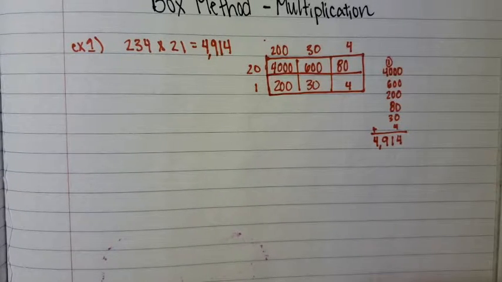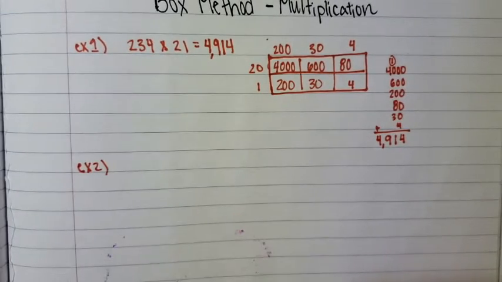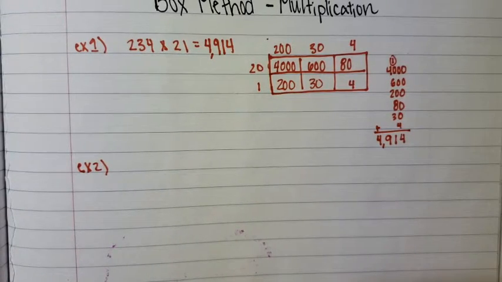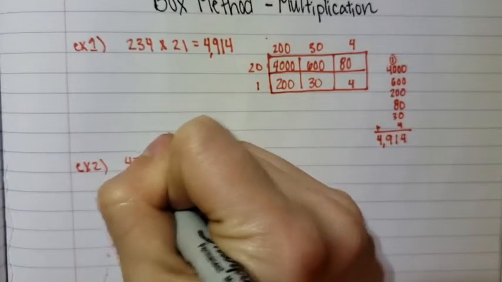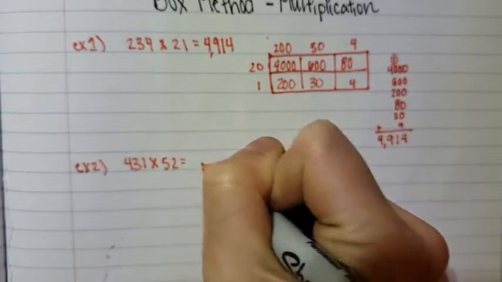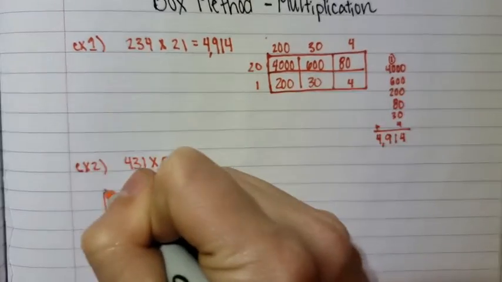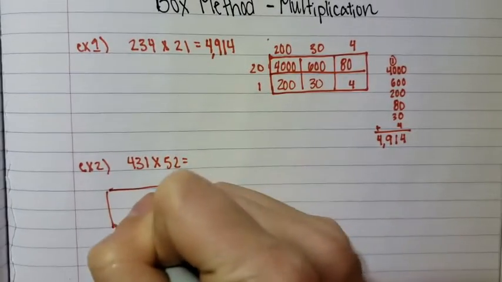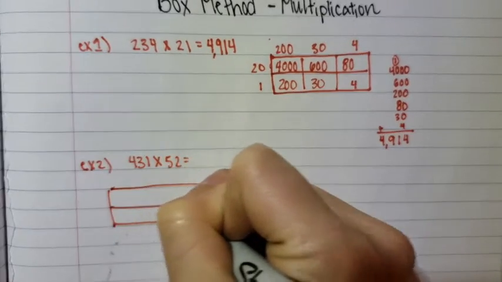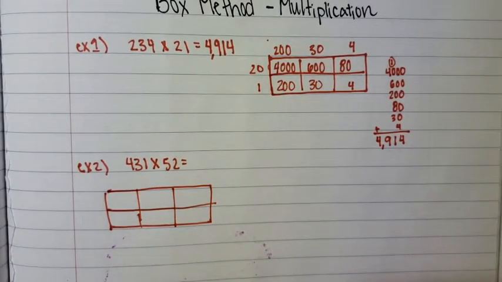So the second problem we are going to do is 431 times 52. Again, I'll draw a box over here. Split it in half and make sure there's 6 boxes.